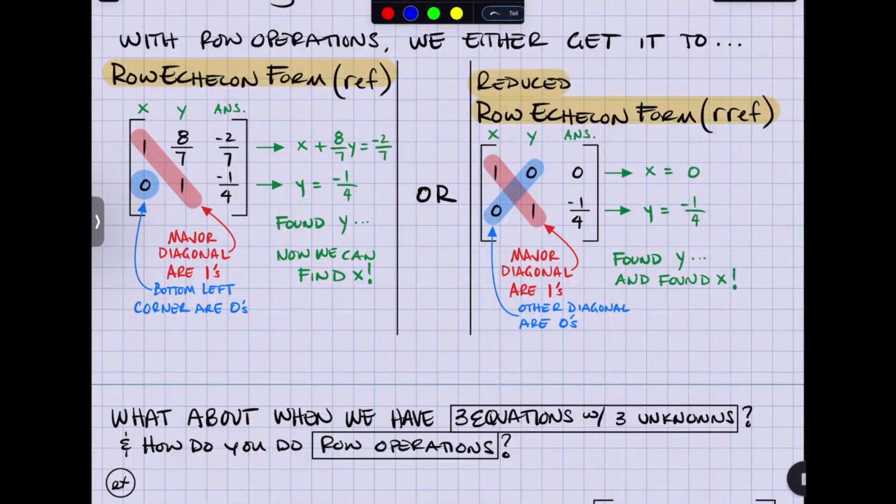The next row says 0x plus 1y is equal to negative 1/4. That's why you see these written out. So again, most of your work is done, but not completely done. So in row echelon form, I have my y value equal to negative 1/4. However, I haven't found my x yet. That means I have to take this y, plug it into this y, and solve for x. Does that make sense?